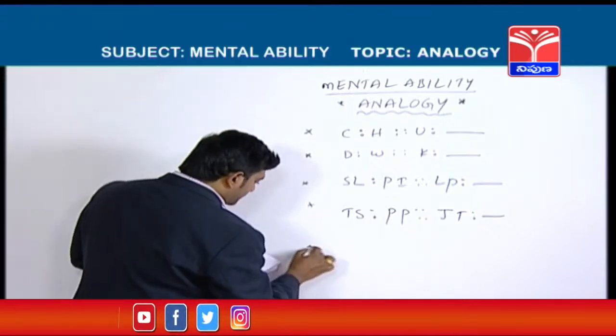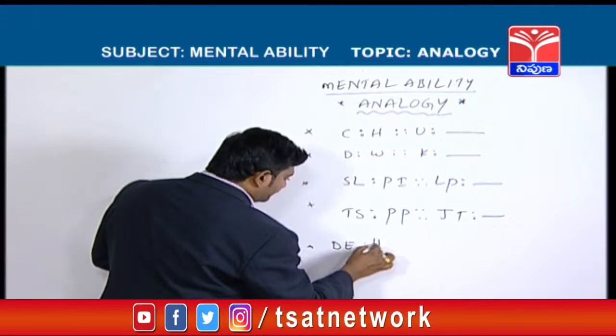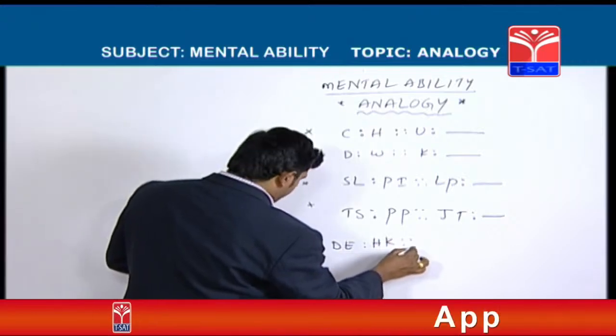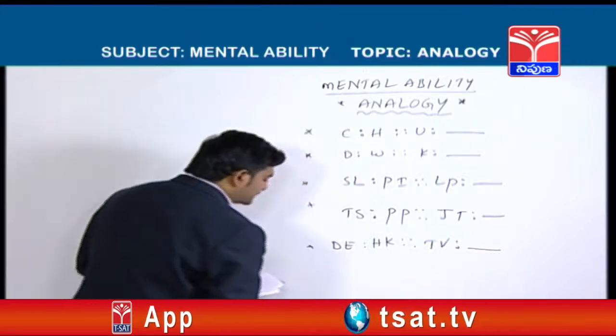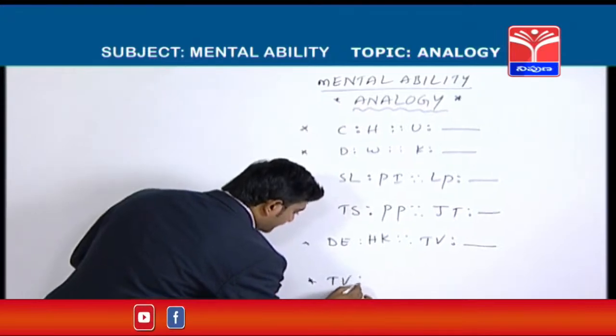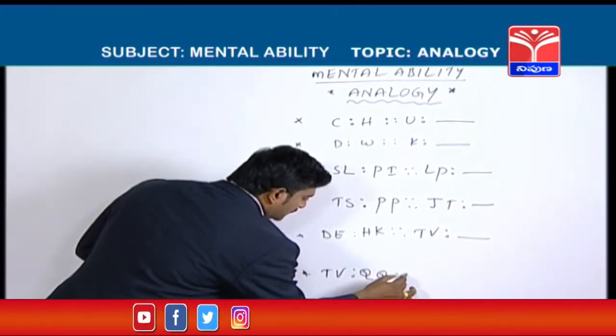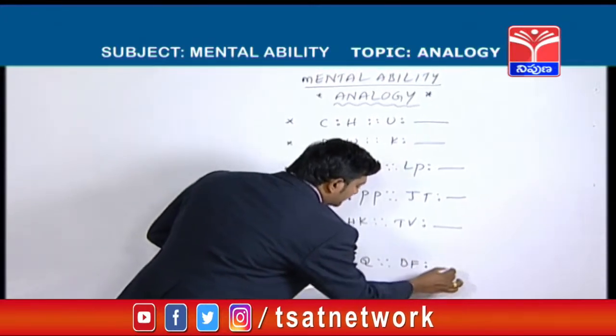So now D E is to H K is as T V is to dash. Similarly T V is to Q Q is as D F is to dash.